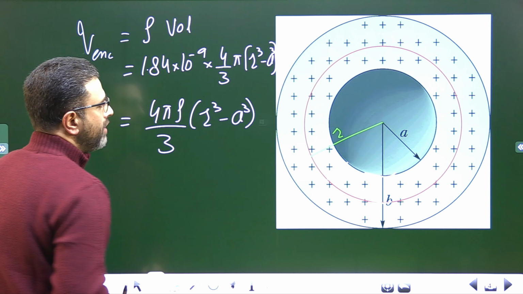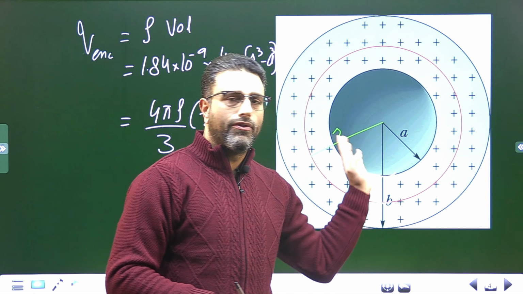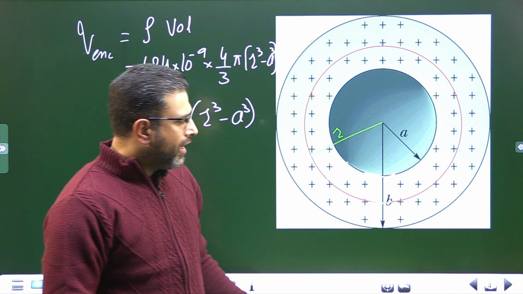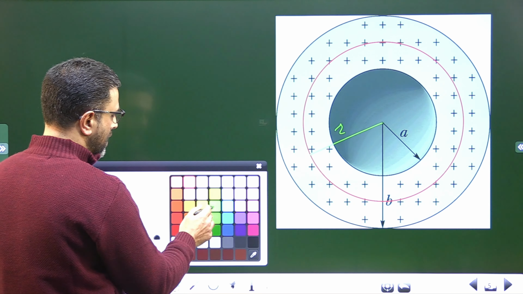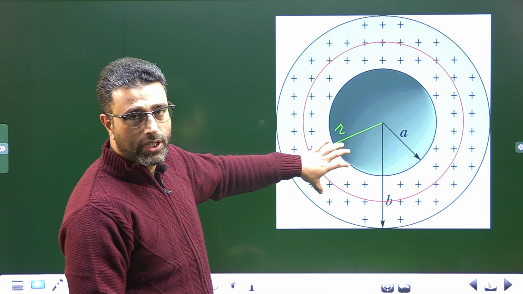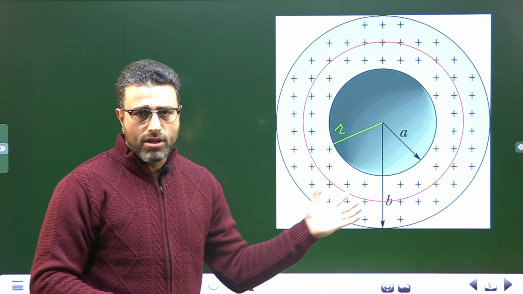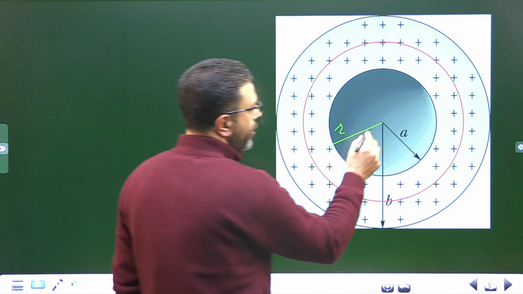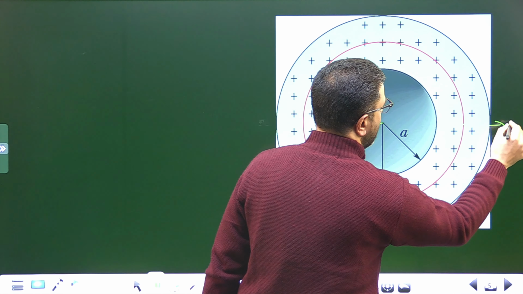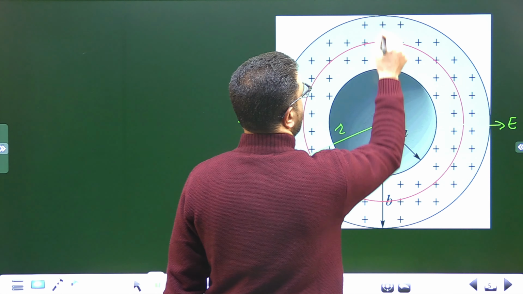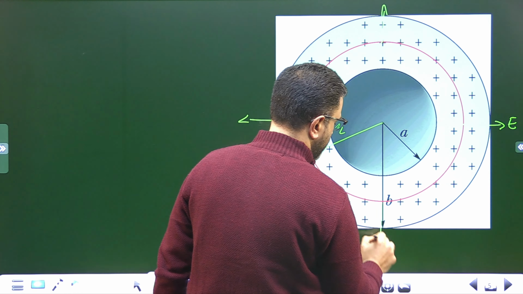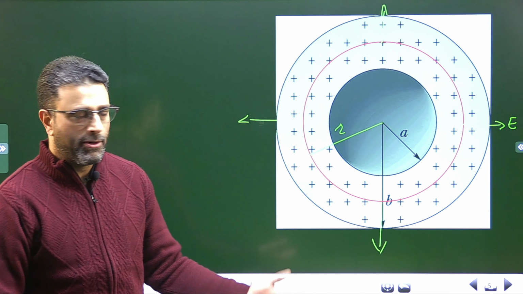This is charge within this Gaussian surface of radius r. Now, we will solve Gauss law for this and find out the field at that point. Now, these are points lying within the shell. From spherical symmetry, we know that field will be radially outward. This is a positively charged shell, so field is going to be radially outward at all points. This is just from spherical symmetry.